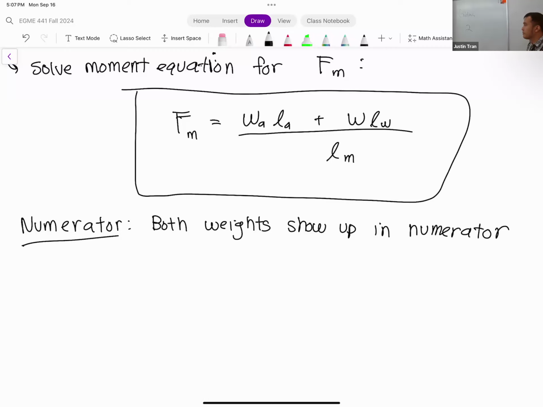Why is that significant? If we were to increase the weight, so if we put more weight on this person's arm and increase the value of W, what's that going to do to FM? It's going to increase the muscle force that's required.